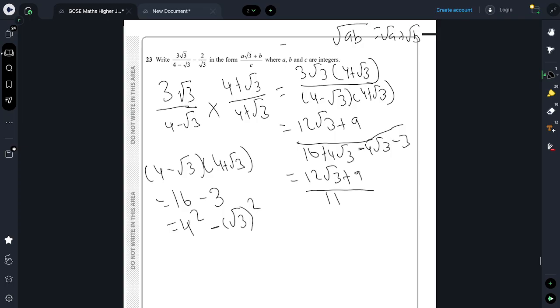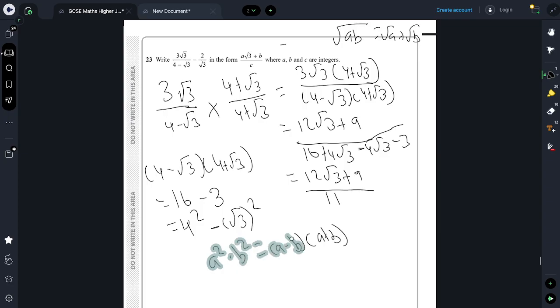So remember, a squared minus b squared is a minus b, a plus b. That's the difference of two squares. That's what's going on here. a is 4 and b is root 3. We times by a plus b, so 4 add root 3, to get a squared, which is 4 squared, minus b squared, root 3 squared. This will always ensure we get rid of the square root, okay?